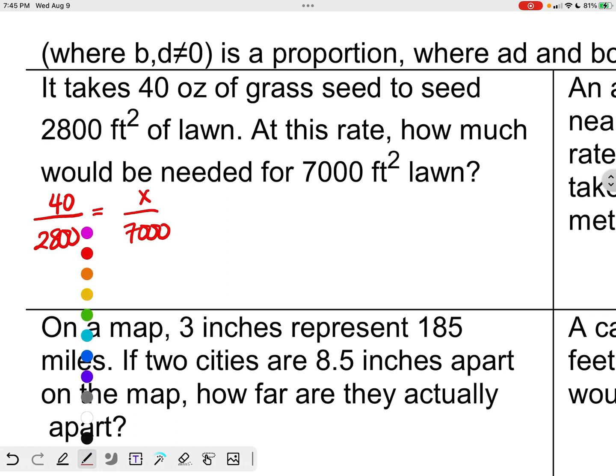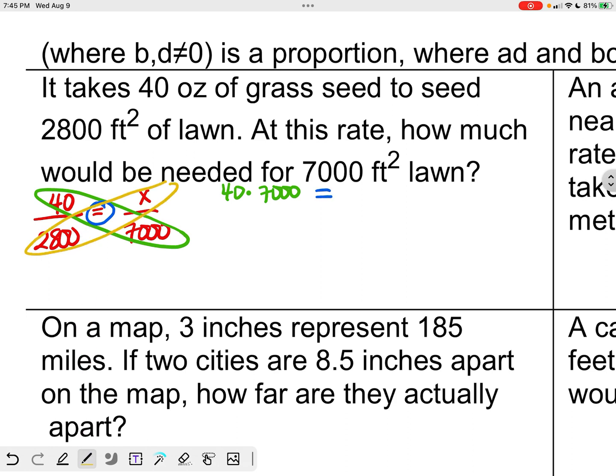So the cross product would mean I'm going to go this way and do 40 multiplied by 7,000. And that is equal to, and then I'm going to go this way, 2,800 times x.